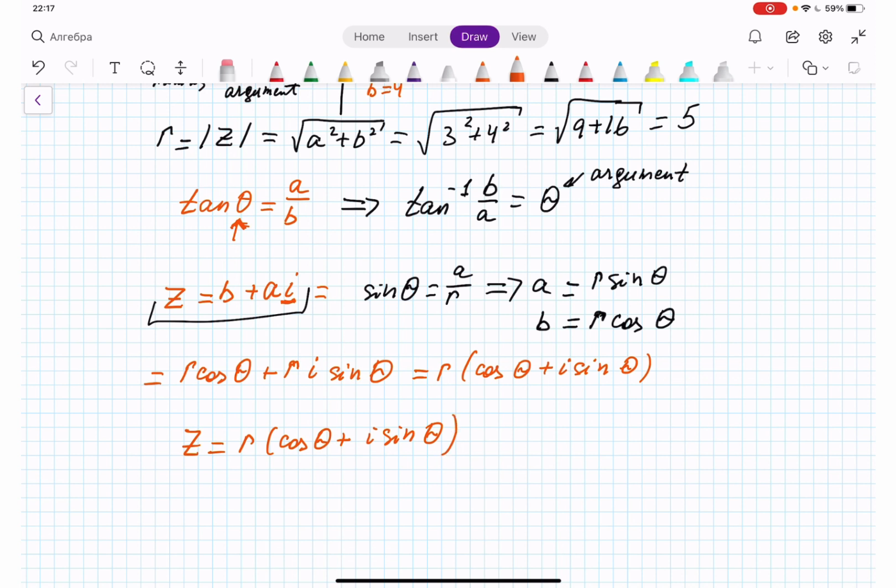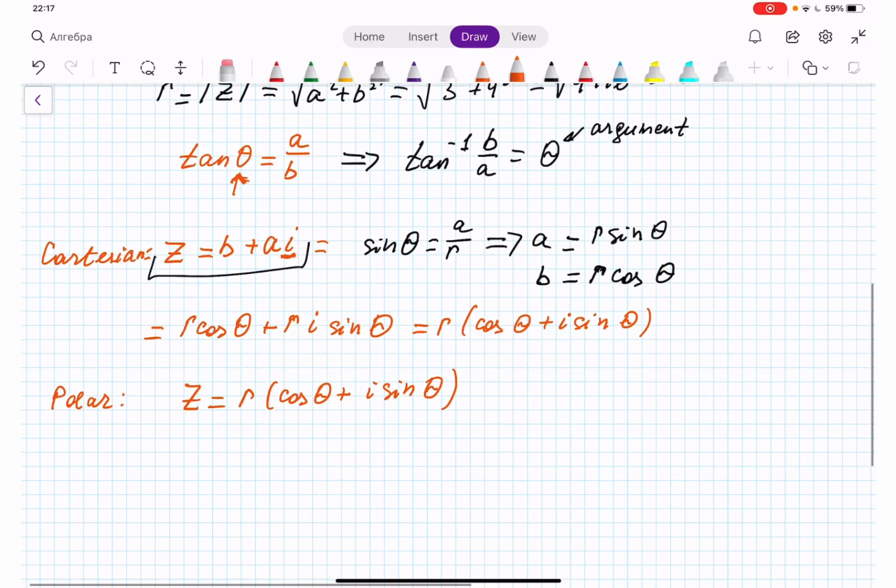This is in the polar system, and this one is the Cartesian system, and this one is the polar system. r we call the magnitude, which is a scalar value, and theta is the argument.